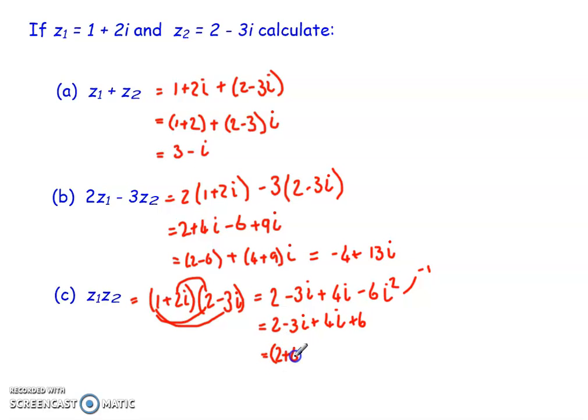So I've got 2 plus 6, and then negative 3i plus the 4i. 2 plus 6 is 8, negative 3 plus 4i simply gives me a plus i. So I've got 8 plus i for that final solution. So those are the three basic operations, add, subtract, multiply, that we've looked at, with a pair of complex numbers.